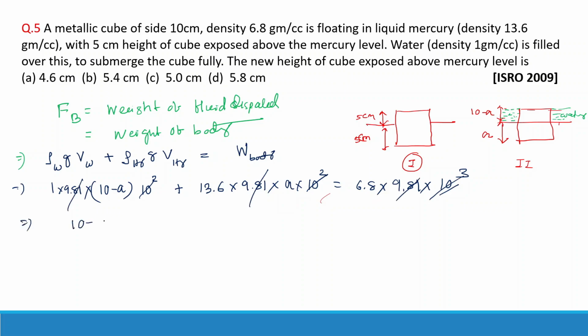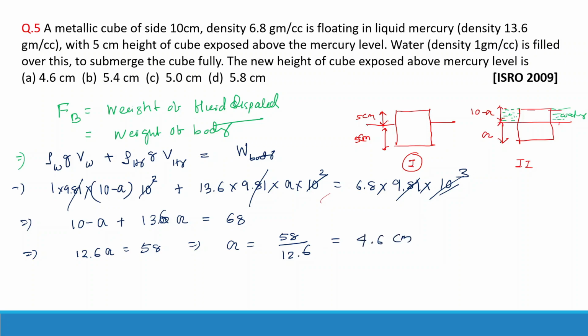So 10 minus A plus 13.6 A is equal to 6.8 into 10, which is 68. Or I can write 12.6 A is equal to 68 minus 10, which is 58. So A will be equal to 58 divided by 12.6, which is 4.6 centimeters.